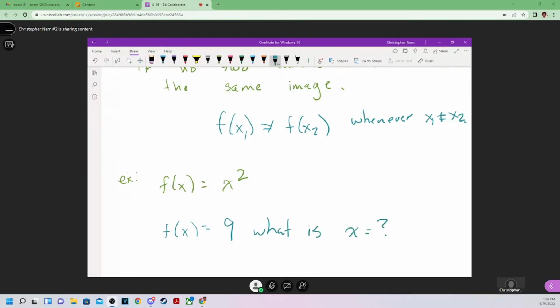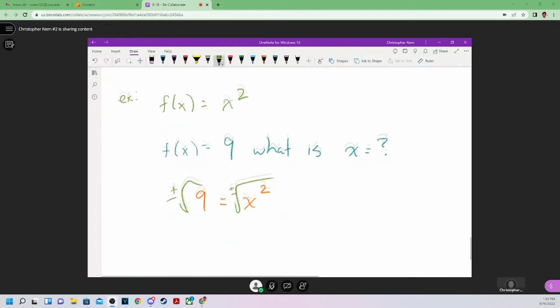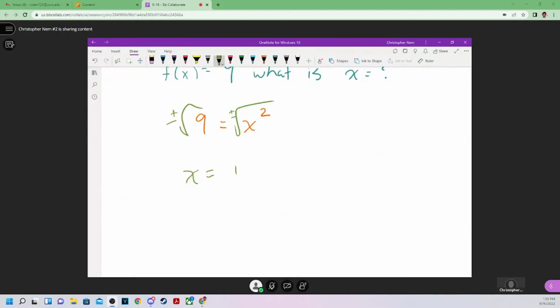Well, if we remember, whatever squares equal 9, well, that value is just 3. Right? So if I actually calculate this out, just to show you, 9 is equal to x squared. To solve for x, we square root both sides. But remember, when we square root both sides, we have to do a plus or minus. So that means x is equal to plus 3 and x is equal to negative 3. You can do plus or minus 3, either or.